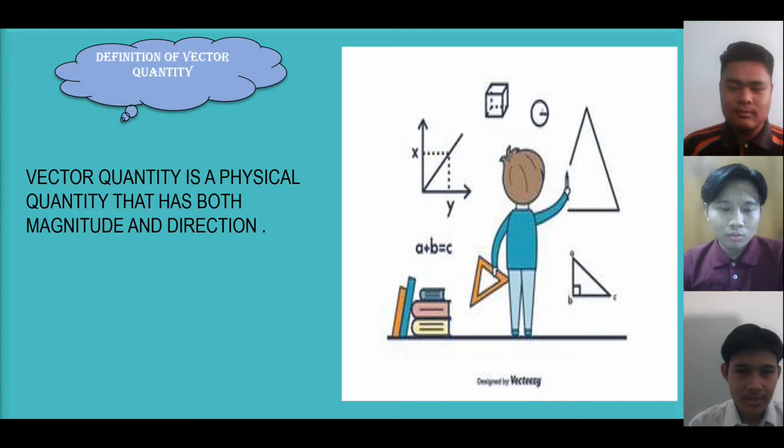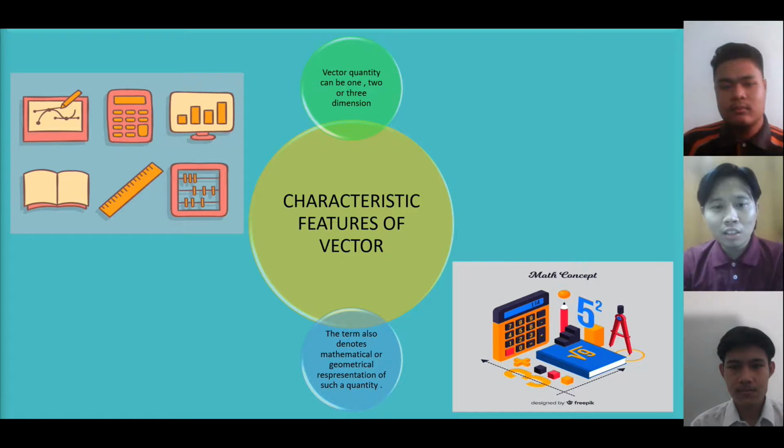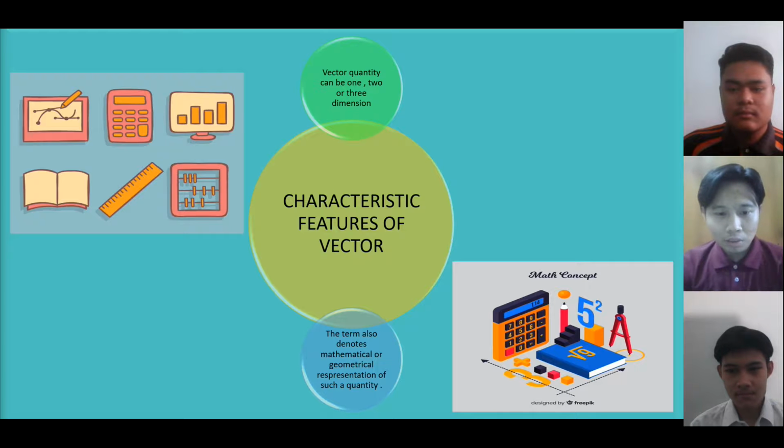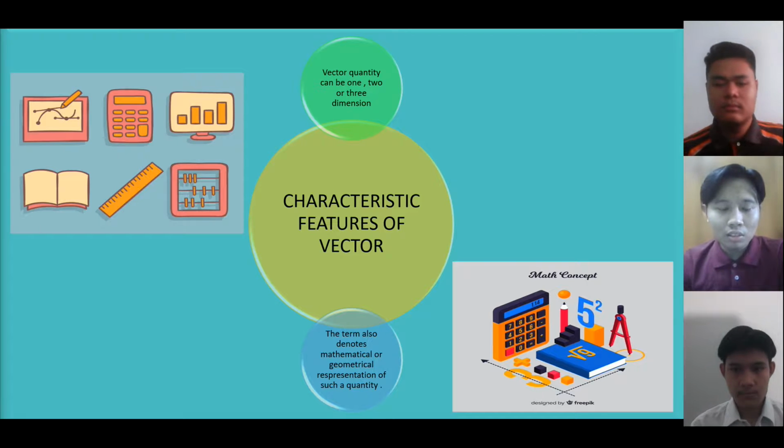So Aiman, please tell me what it is. So, the characteristic feature of vector is first, vector quantity can be 1, 2, or 3 dimension. And the term also denotes mathematical or geometrical representation of such a quantity.